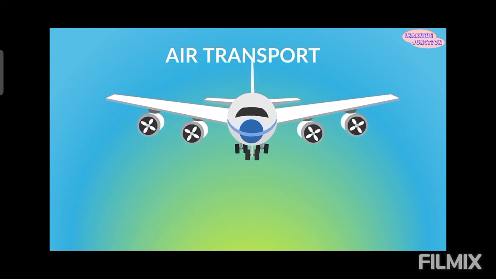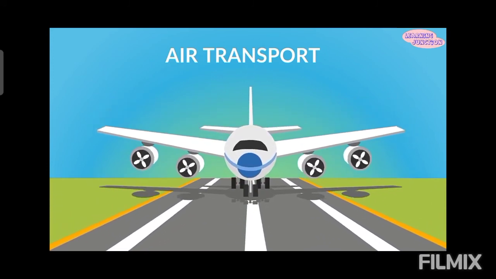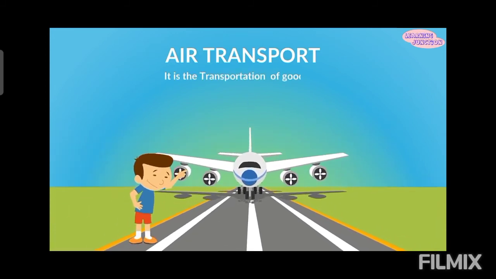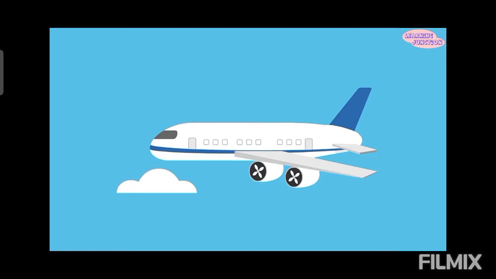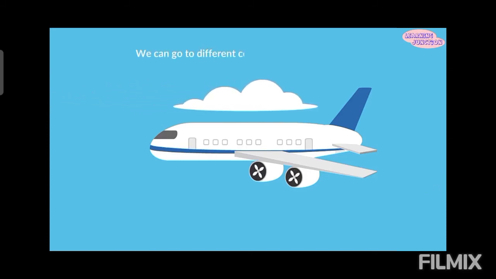Air transport means traveling through air. It is the transportation of goods or passengers by air. The first vehicle that we use to travel through air is the aeroplane. For traveling a long distance, we can use an aeroplane, and we can go from one country to another. You are very familiar with the aeroplane.